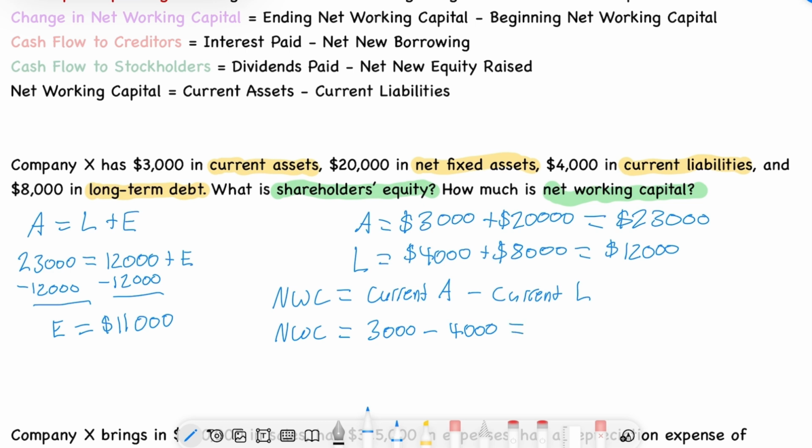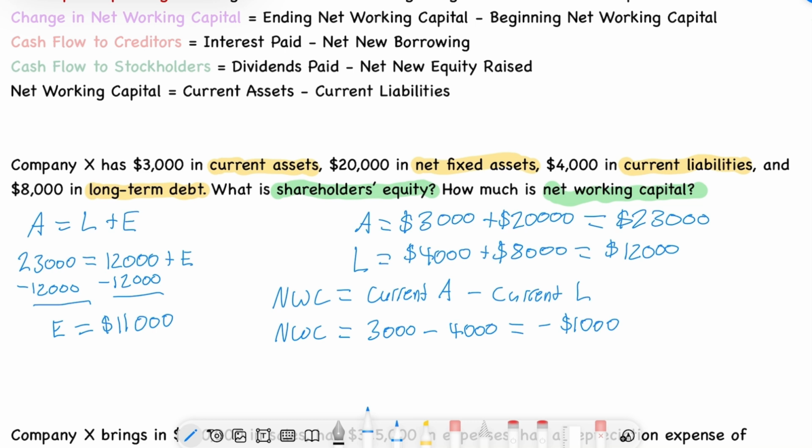That's going to give us a net working capital of negative $1,000. What this means when we have a negative net working capital is that we're going to have $1,000 of cash come out of our account for the whole year. So we're going to end the year with $1,000 less in cash than we started.